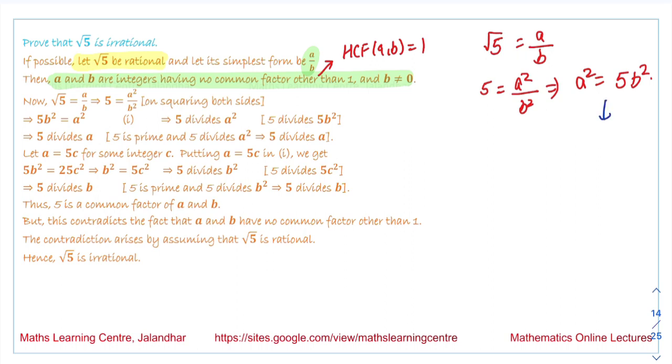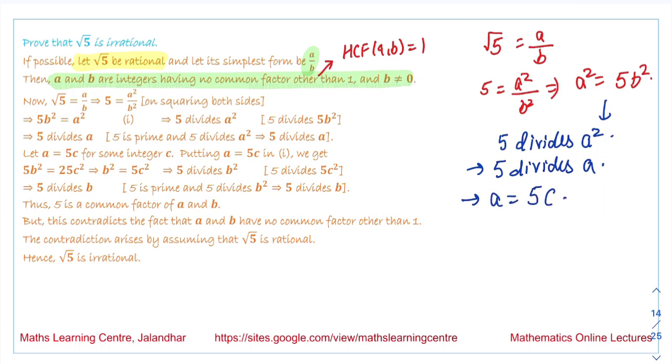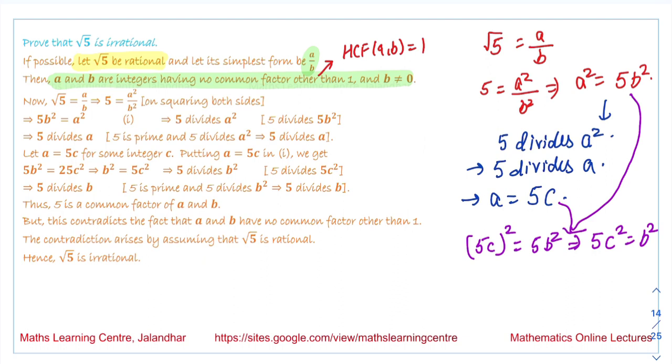This gives us that 5 divides a square. From our theorem, we know that if p divides a square, then p divides a. If p divides a, it means there exists a c such that a is equal to 5 times c. If we substitute this value in this equation, we get 5c square is equal to b square.